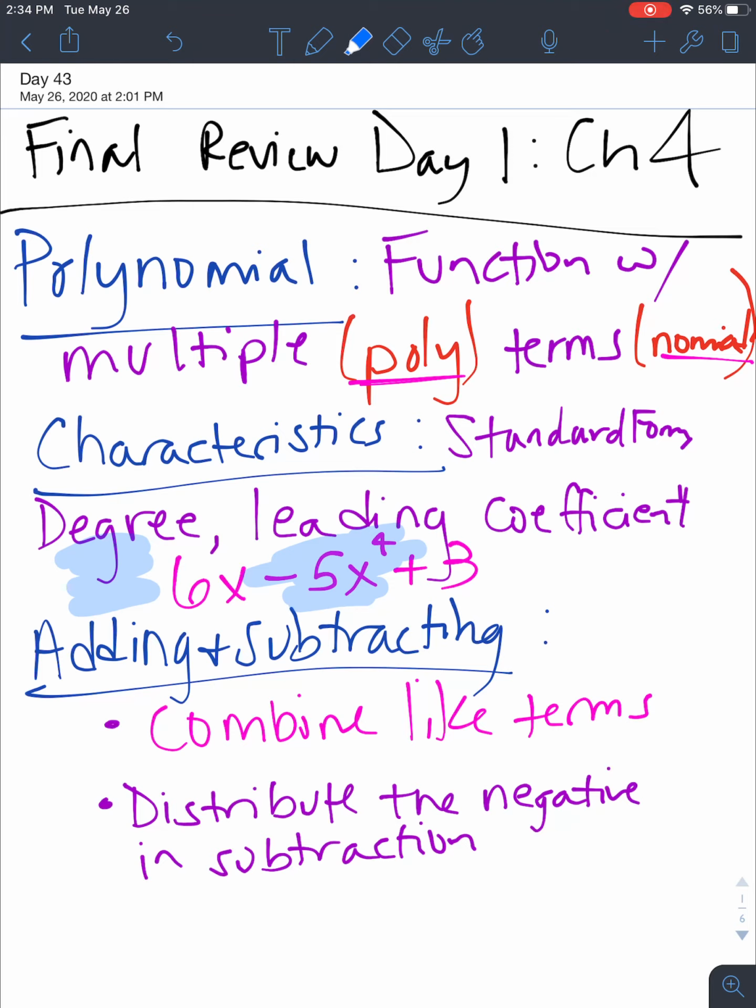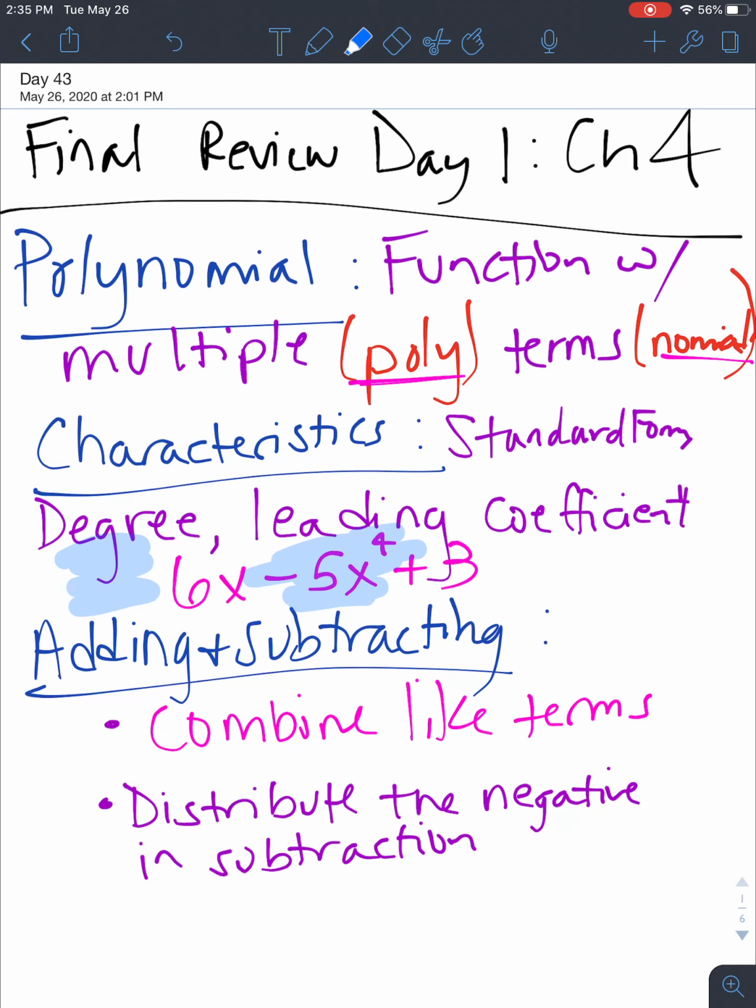Degree is always the biggest power of x, or the biggest exponent. Sometimes in higher levels of math you'll have to add numbers and stuff, but with ours, we're only ever working with x as our variable, so the degree is just whatever the highest power is on your variables.